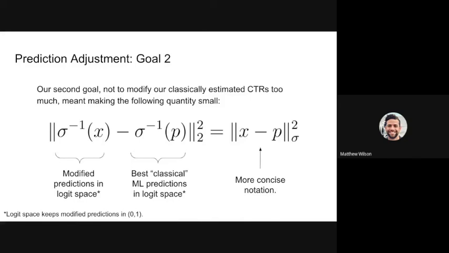So that's why we use logit space here to define the distance. And this equality on the right is just different notation to make it more concise and make it look more like a norm.